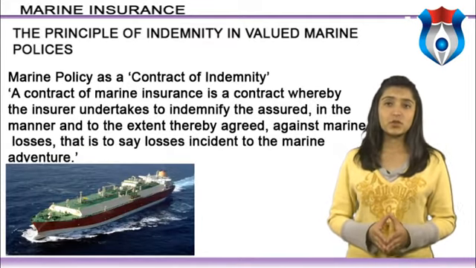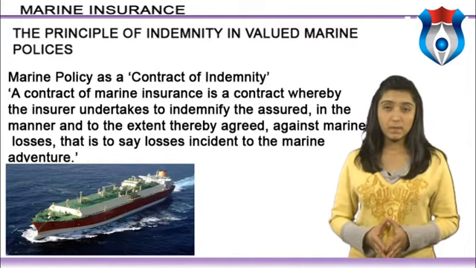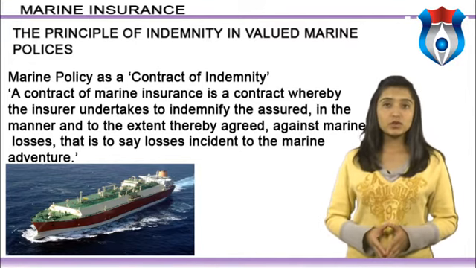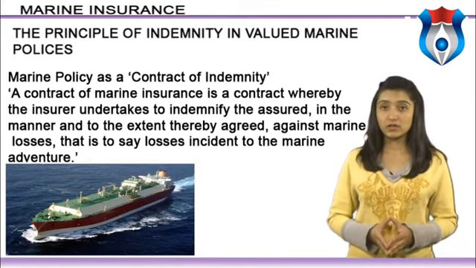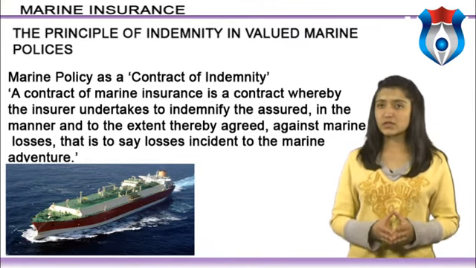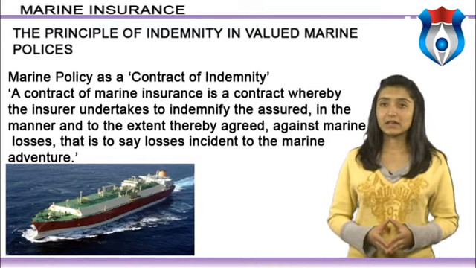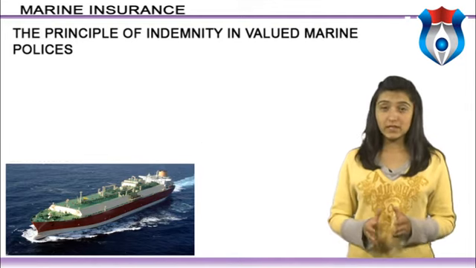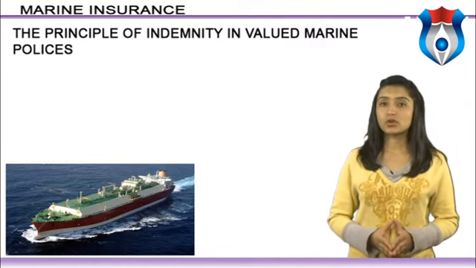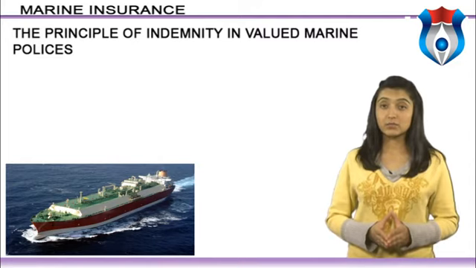Marine policy as a contract of indemnity. A contract of marine insurance is a contract whereby the insurer undertakes to indemnify the assured in the manner and to the extent thereby agreed against marine losses, that is to say, losses incident to the marine adventure. Expressly, the contract agreed by the insurer and the assured is one of indemnity.